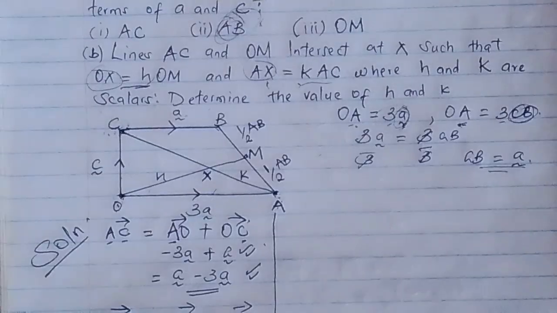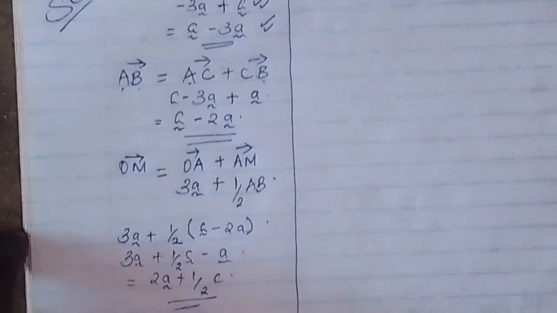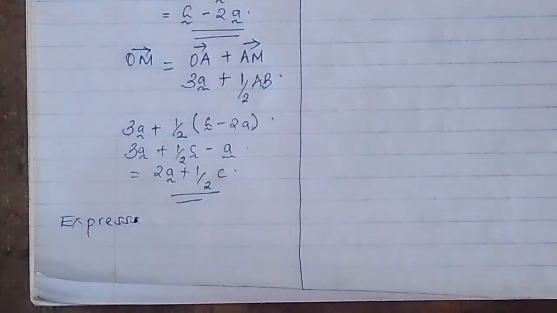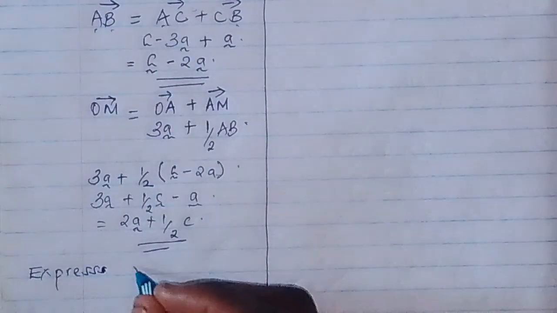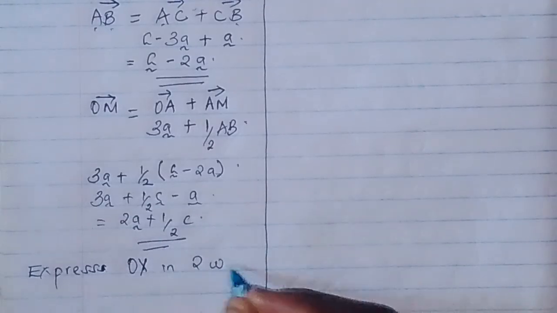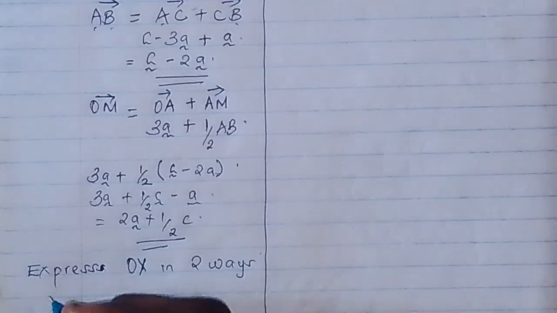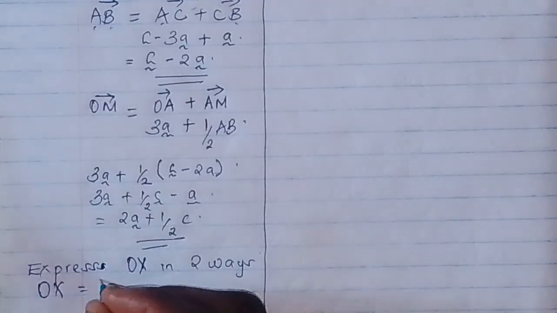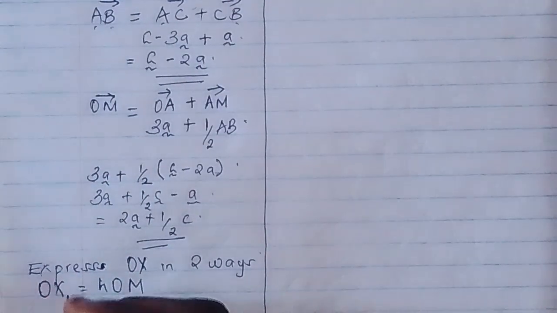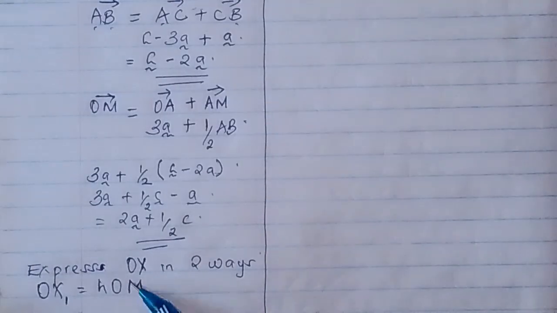Now let us use OX to express. Let us express OX in two ways. Our first way, we said OX is equal to HOM, and this is OX1, and our OM is right here with us.